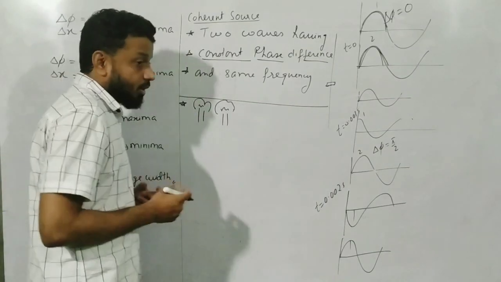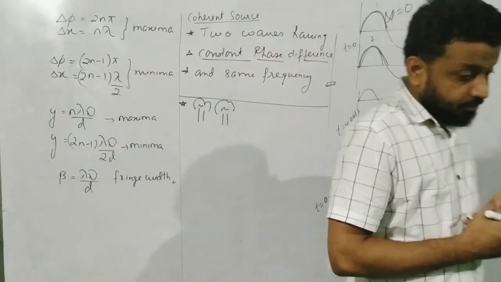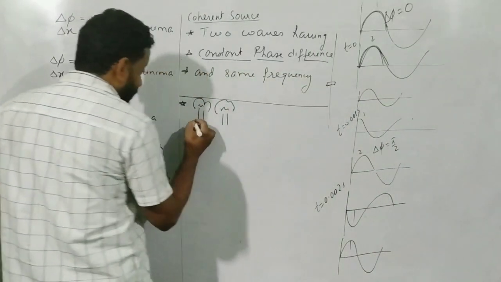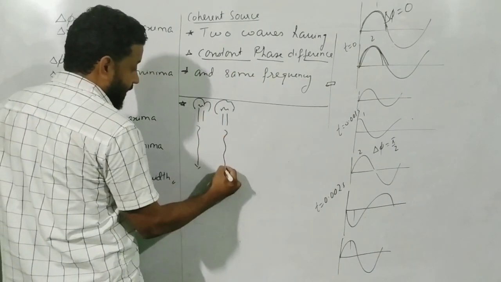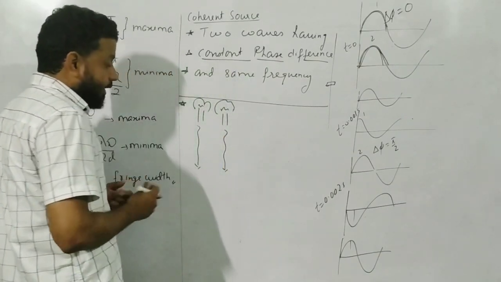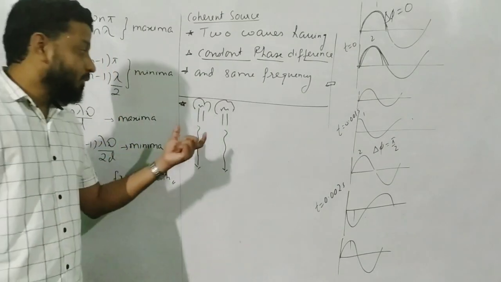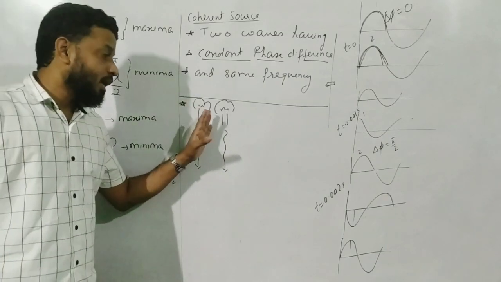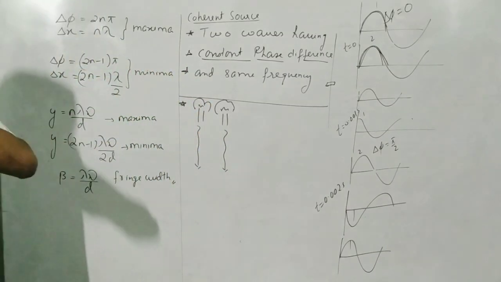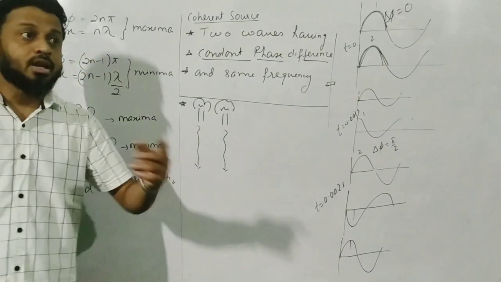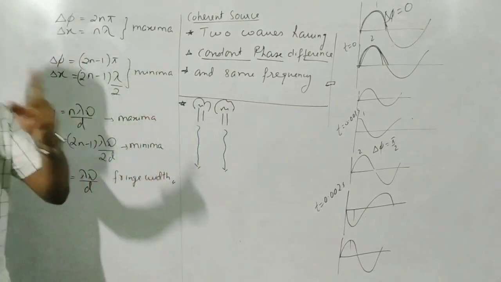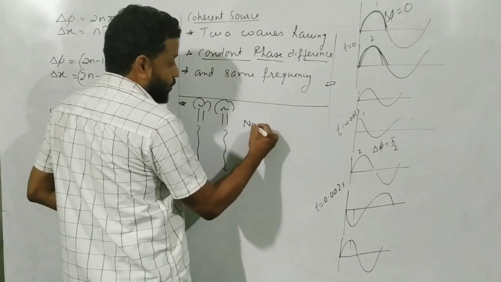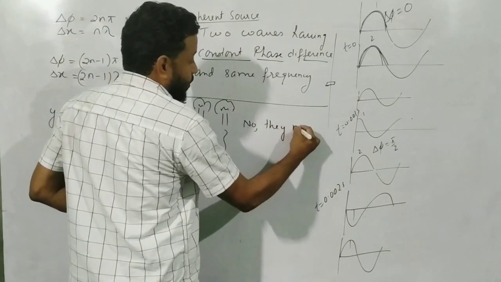Because when we say that a light is emitting from here and this light is emitting from here, there is no guarantee that between them the phase difference will remain constant. Okay. So in this case, if they ask can two sources of light having same frequency be called a coherent source of light, answer is no, because they may not have the constant phase difference.